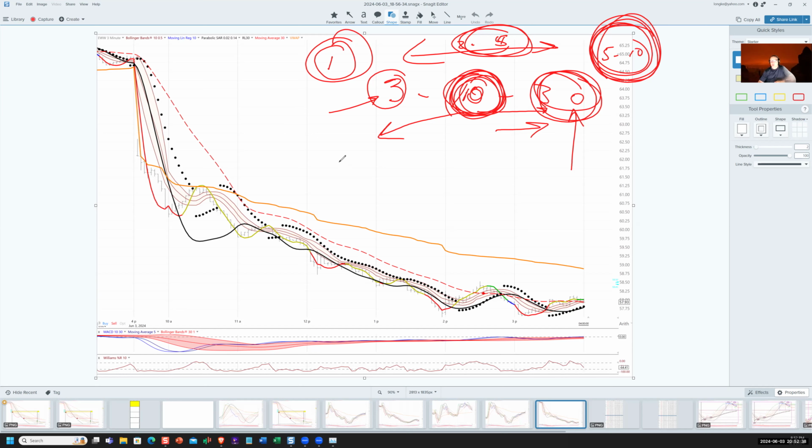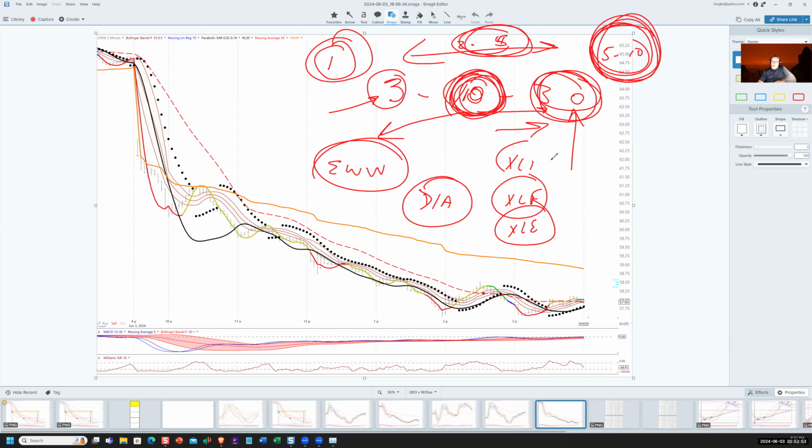But if we're just using one symbol, for example, EWW, and now you want to add a second symbol, DIA, and then you want to add some other ones like XLI, XLF, XLE, the sector spiders for industrials, finance, and energy. Why would you do that?